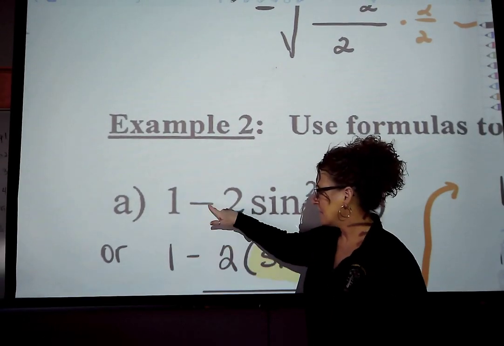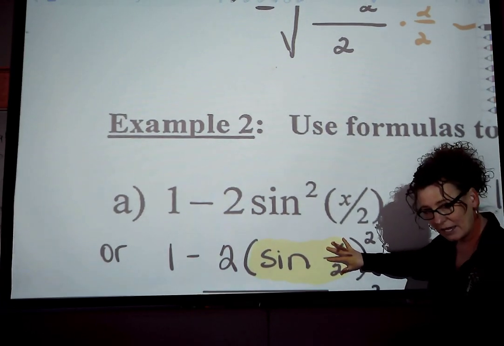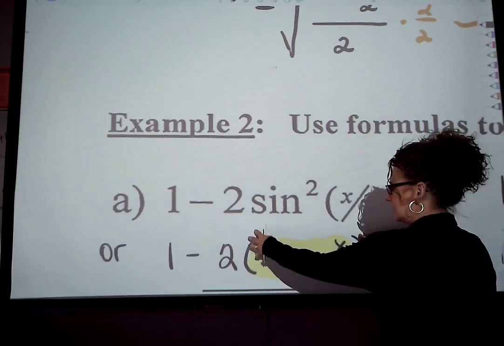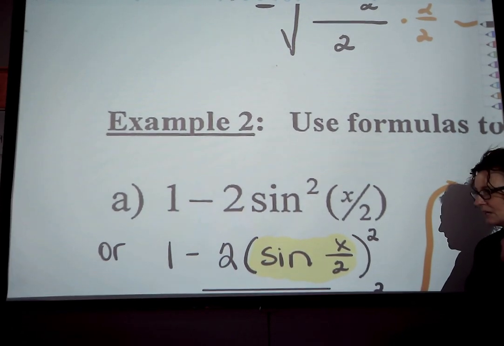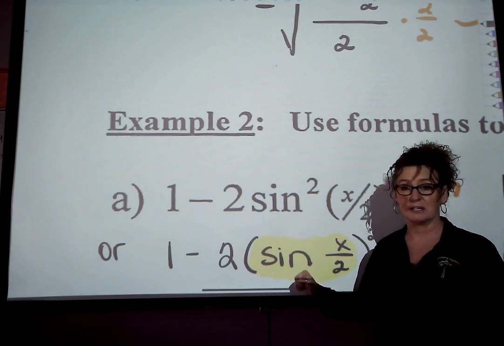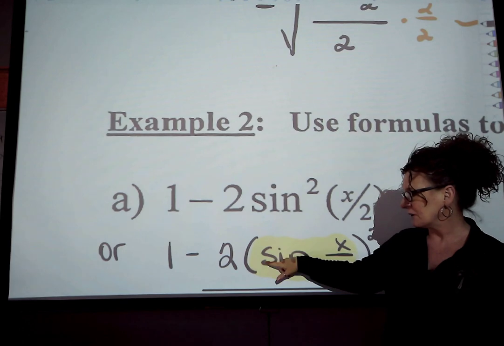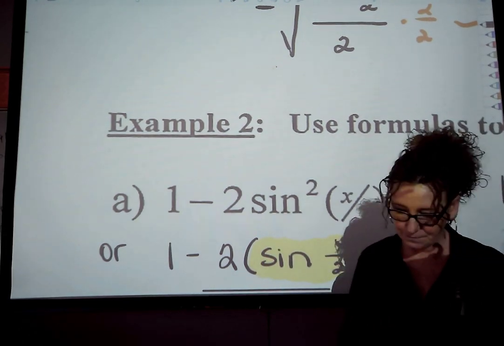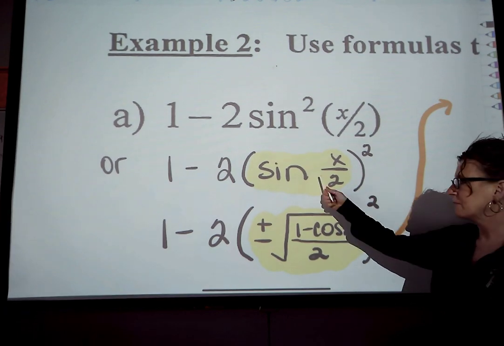So I copied this and put sine of my angle in parentheses and put a squared on the outside. Now, this is a thing. I highlighted it yellow because it's on my formula sheet. Go to your formula sheet and let's find out what to replace this with. That's what I replaced it with from my formula sheet.